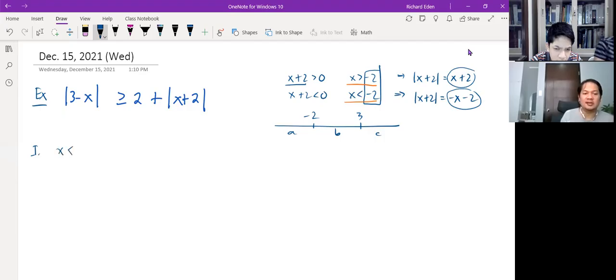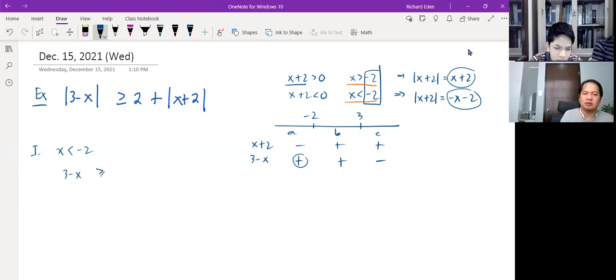Suppose x is less than negative 2. What's going to happen is that x plus 2 will be negative, positive, positive. And on the other hand, 3 minus x will start being positive and then become negative when x is equal to 3. So in the first interval, consisting of all values of x less than negative 2, the absolute value of 3 minus x will be just 3 minus x, because 3 minus x is positive.